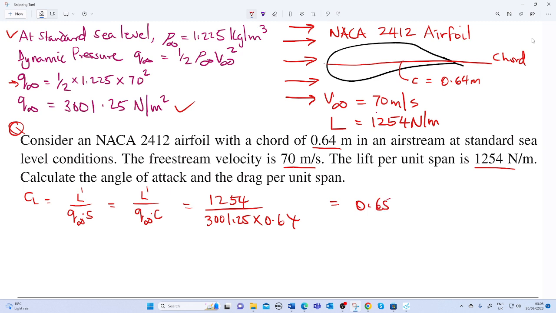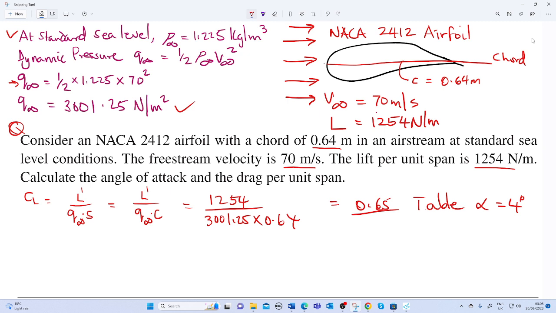Now from the NACA 2412 graph of the coefficient of lift against the angle of attack, by tracing the coefficient of lift of 0.65, we can deduce that the angle of attack equals 4 degrees.